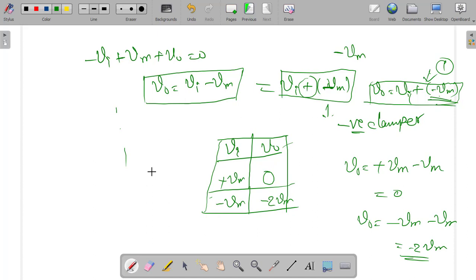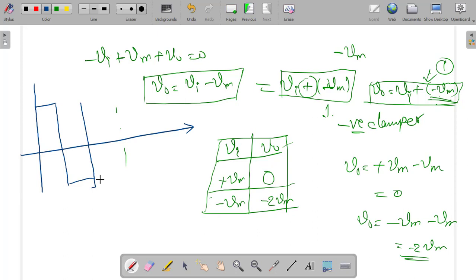Let us draw the output. This is my input.